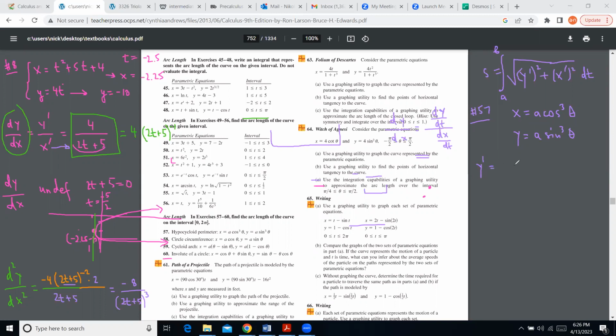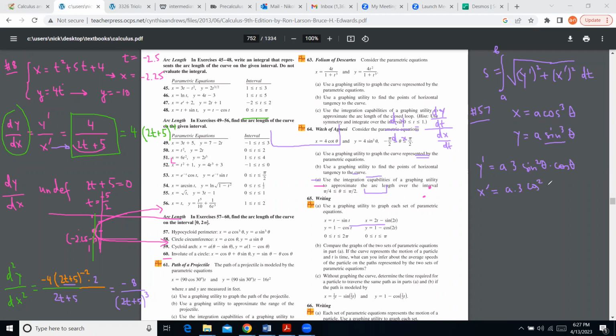So y prime, derivative of the first one. The a will stay. Now I need to take a derivative of the cube. So 3 goes on the ground and sine will be squared. And then I need to take a derivative of the function sine, which is a cosine. Look at this nasty expression. Now for the derivative of x, similarly, I also put a, the constant, and then multiply by 3 times cosine squared.